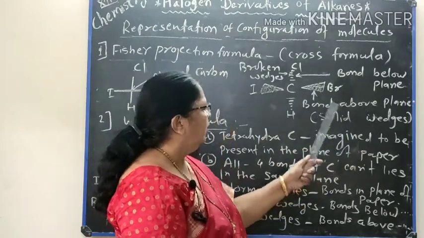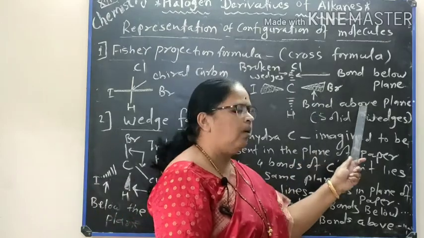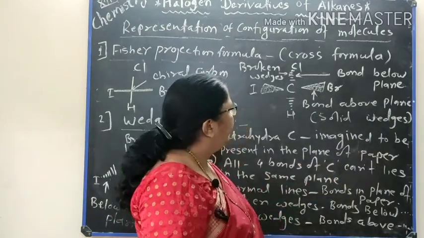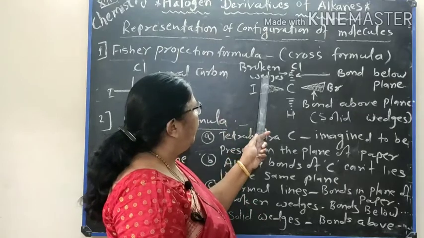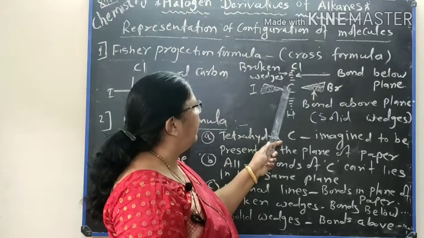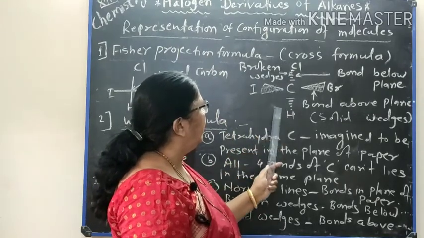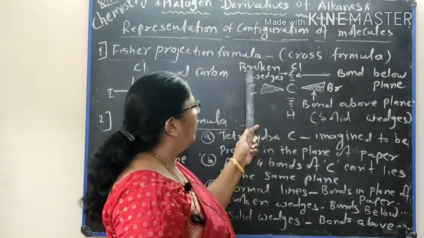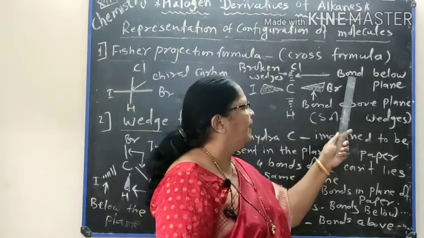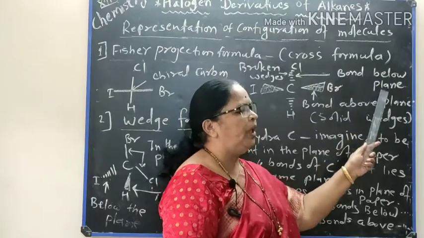Solid wedges mostly represent bonds above the plane. Then there are broken wedges, meaning this carbon atom is attached to Cl and hydrogen by broken wedges. Mostly they represent bonds below the plane.